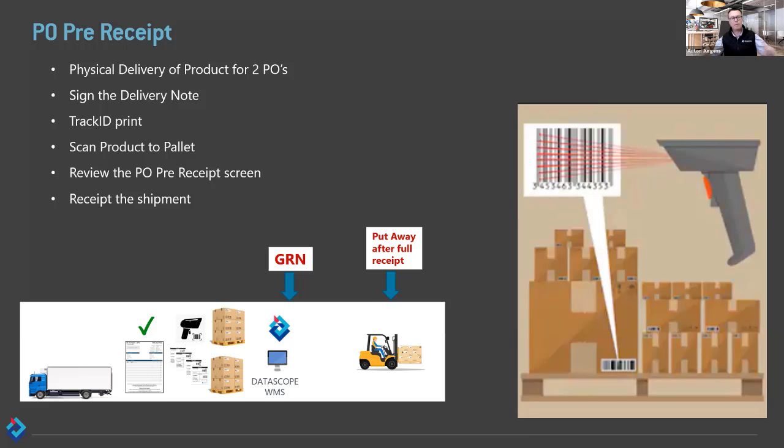So we print a couple of pallet labels, we put them on the pallet, we scan the product onto the pallets to build them up, and only once we've built them up do we then open the software, take a look at what has been received, which then matches against the outstanding purchase orders that you have on file, shows you where there's any issues, and then from that screen, you can process the receipt button, and the receipt will then go and do a number of GRNs, because it could very well be that that truck arrived with product on it off multiple purchase orders.